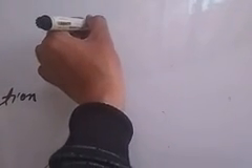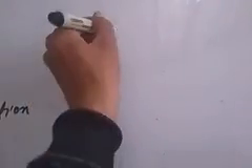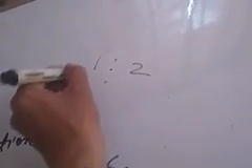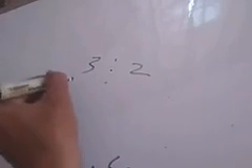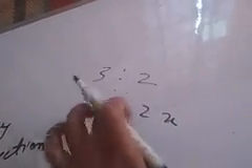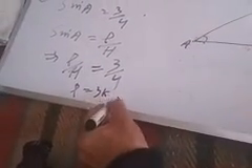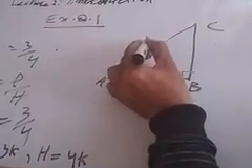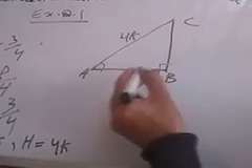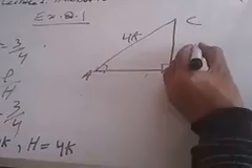If you remember, when we say the ratio of two sides is 3:2, we take 3x and 2x, because a common factor gets cancelled. Here also this is a trigonometric ratio, so p by h is 3/4. So I will write p equal to 3k, where k is some constant, and hypotenuse equal to 4k.